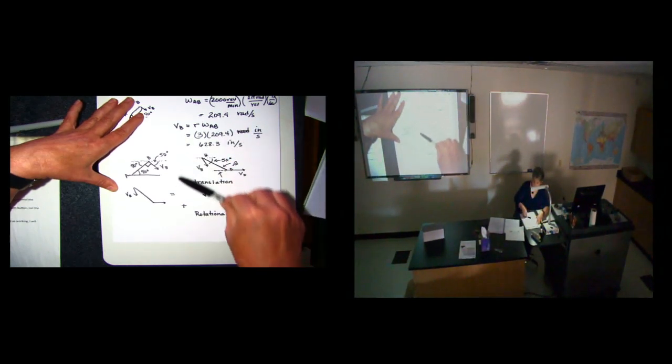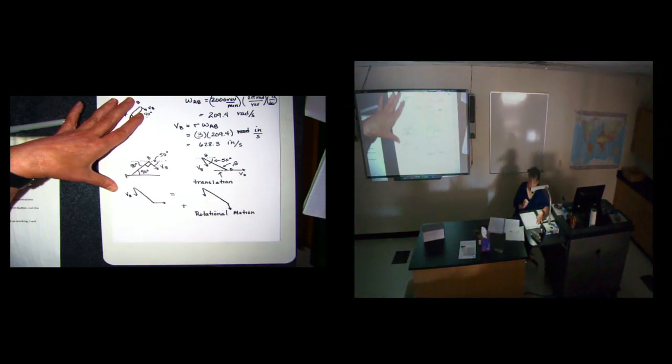My translational motion, I've got my VB. That's going to say that I'm taking this and I'm just moving it along the same line as before. So I've got my VB here, I've got my VB here. Okay? That's going to be my translational motion, and we know that this is 50 degrees. And we know that this is 50 degrees. So that part of the problem is okay.